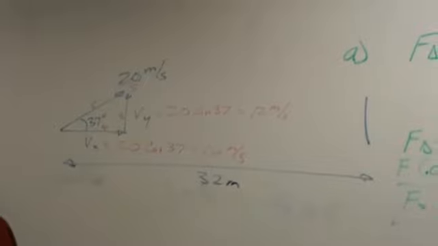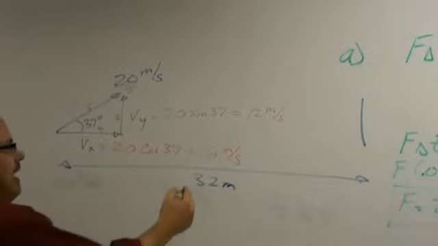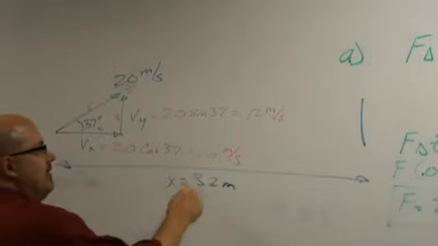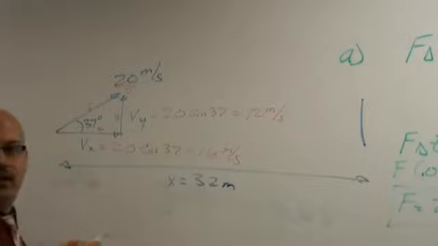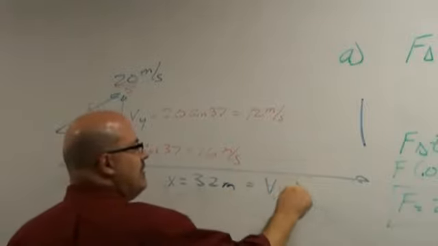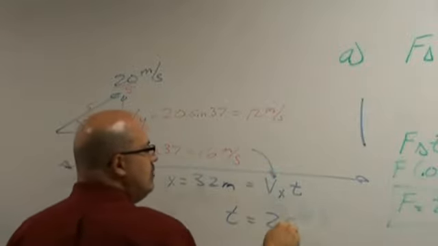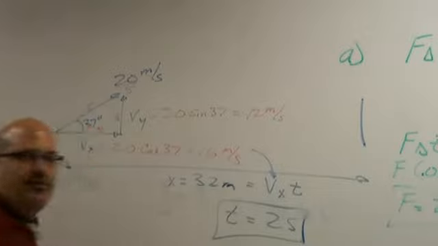Which one is best to use this time? The x, because I know the x distance and I know the x velocity, and there's no acceleration. So this just equals the x velocity times time, right? And I know that that's 16. So my time is 2 seconds on the nose. They were nice to us.